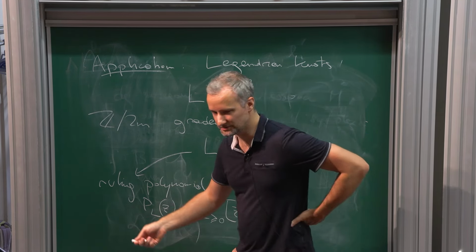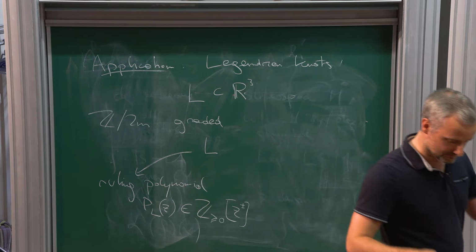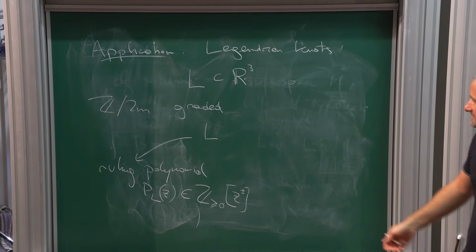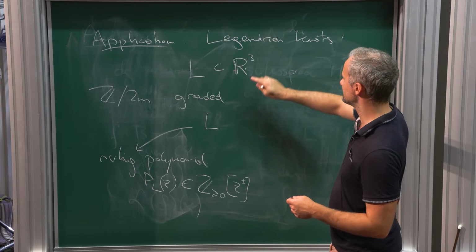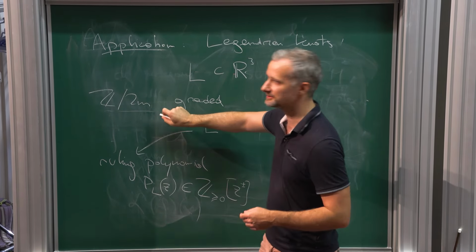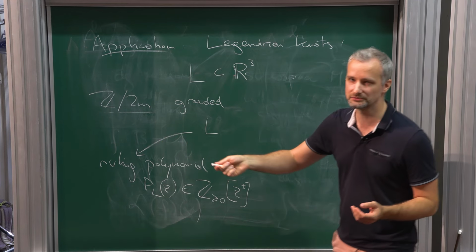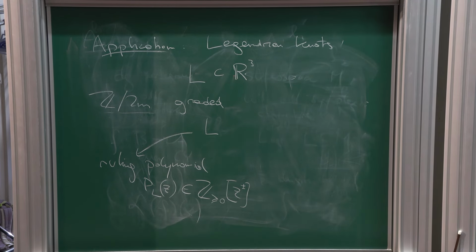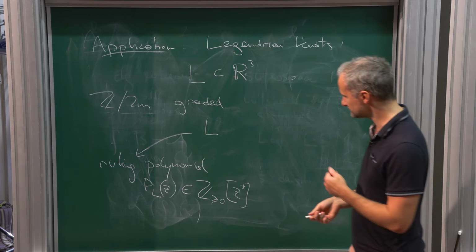It's an invariant of a Legendrian knot, and it also depends on this choice of grading group. So there's a Z/2 graded ruling polynomial, a Z/4 graded one, in fact also odd ones, and also a Z graded ruling polynomial.